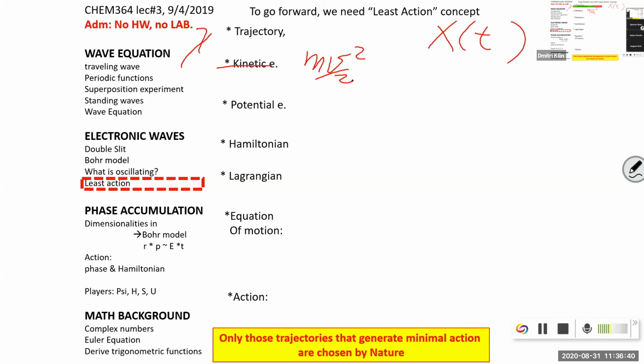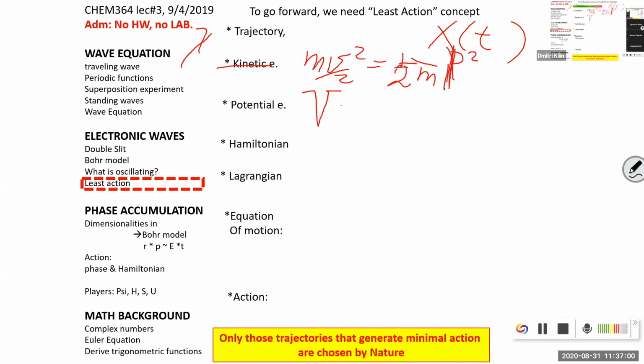Or one can write 1/2 momentum squared over mass, right? If momentum is mass times velocity, it is equivalent. Potential energy is different every time. We can use just the letter V for it.